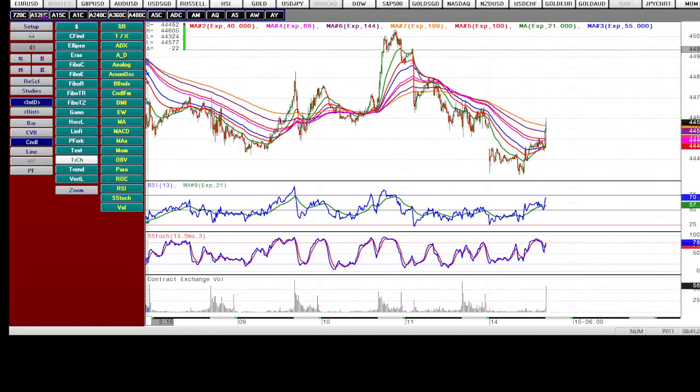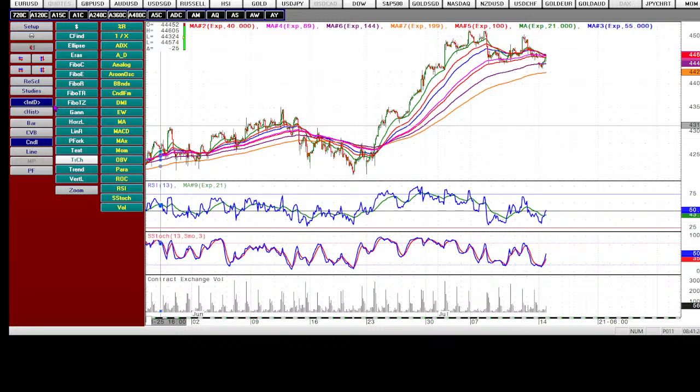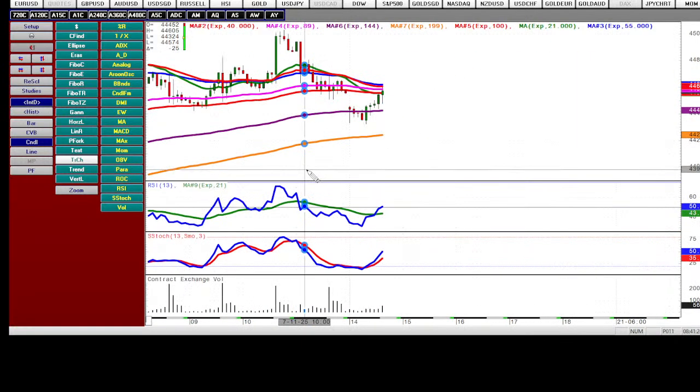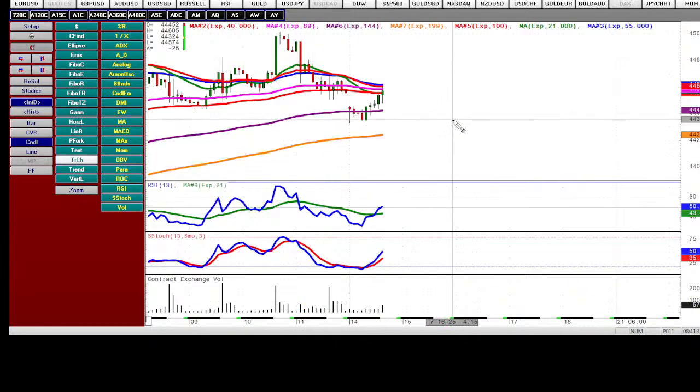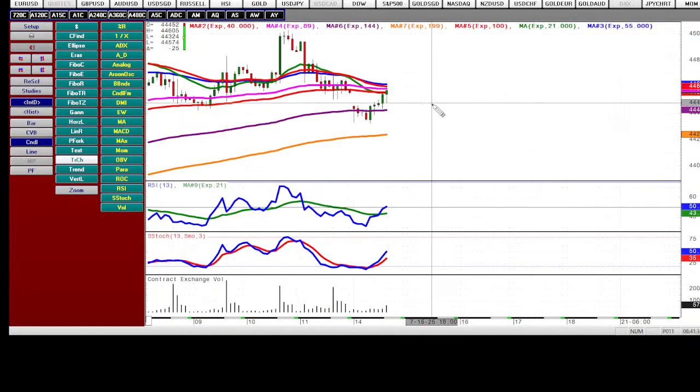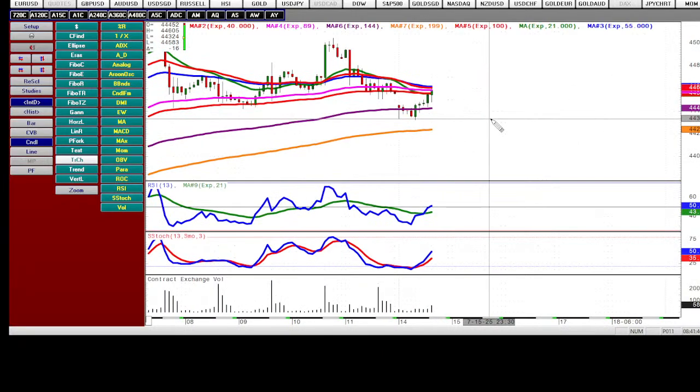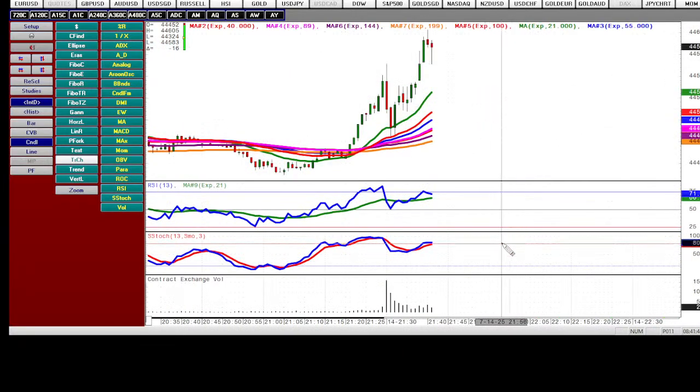So looking at this, what we feel is today is showing some strength, and we should see the strength happening.